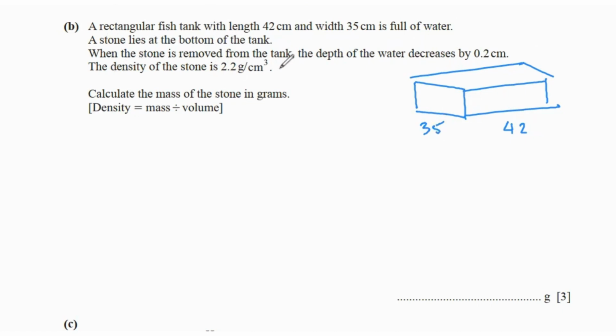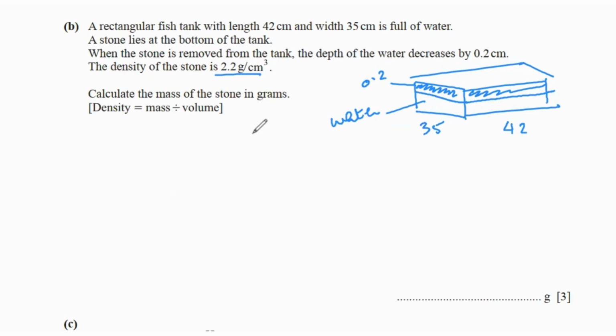When the stone is removed from the tank, the depth of the water decreases by 0.2. So this we're assuming is 0.2. This is your water. The density of the stone was 2.2 grams per centimeter cube.